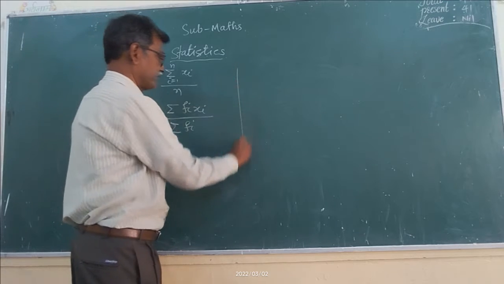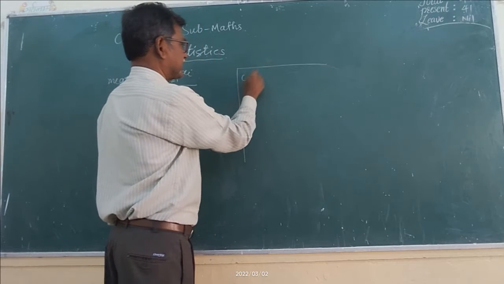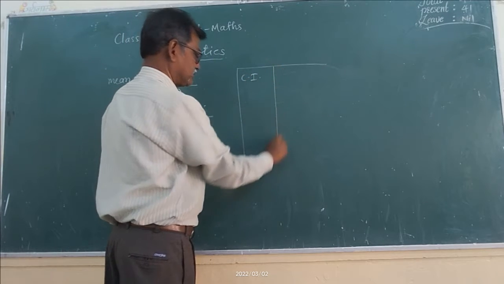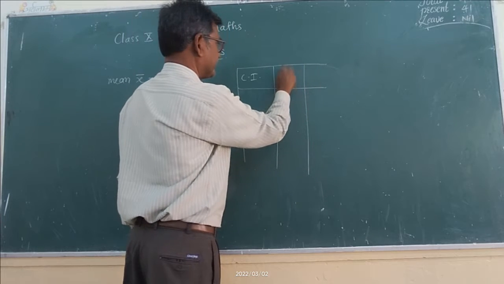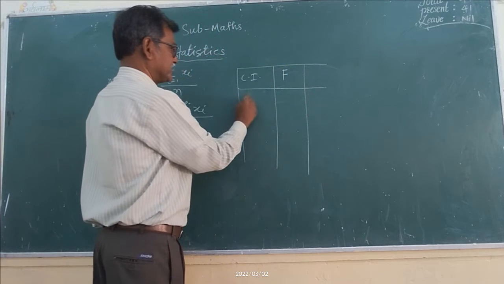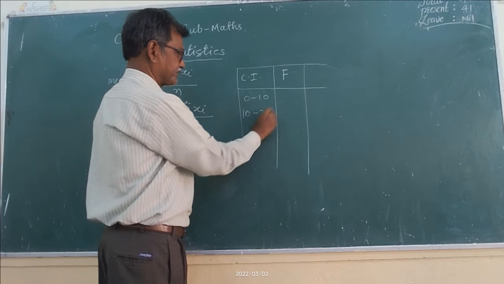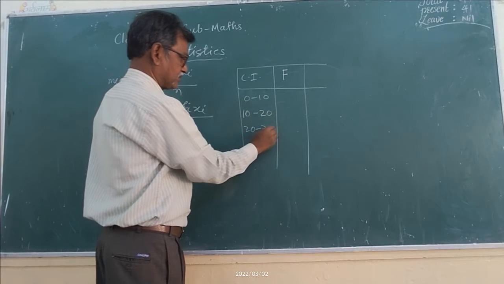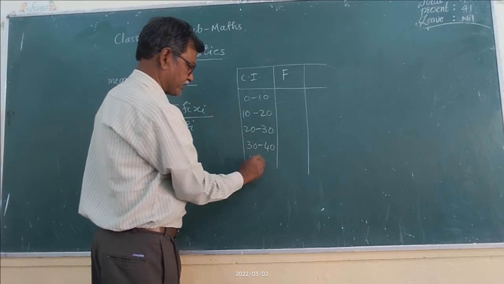For example, we will take class interval and its frequency, say 0 to 10, 10 to 20, 20 to 30, 30 to 40, and 40 to 50.